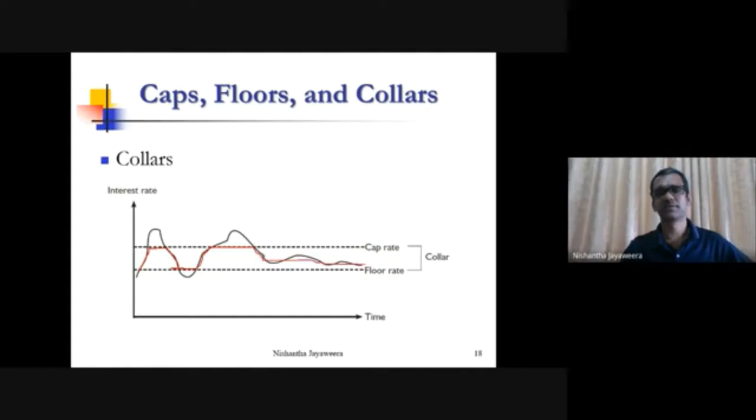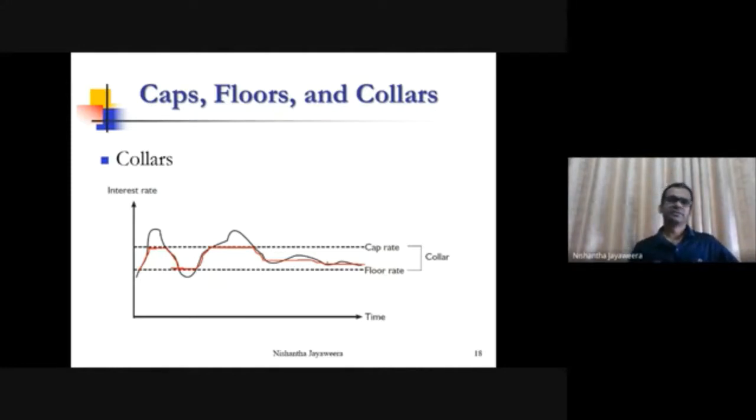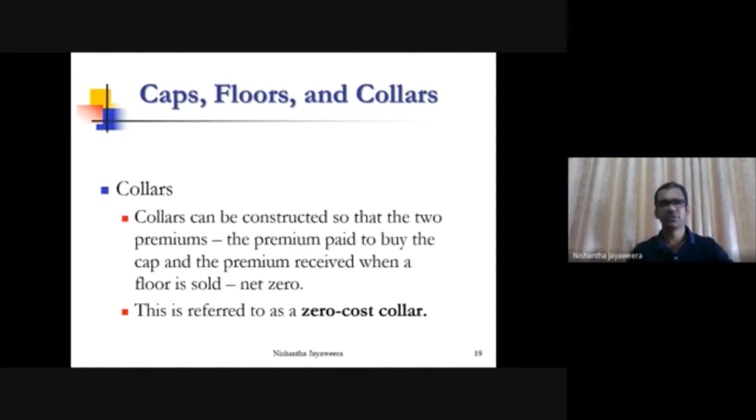After this, it exactly follows the same line. The only thing is here you're going flat. Here you are going flat. In this area also you are going flat. Your interest expense, or maybe income. That's the concept of caps, floors, and collars.